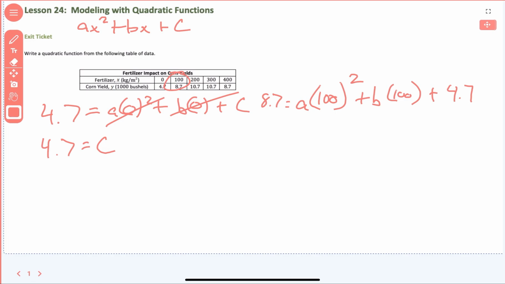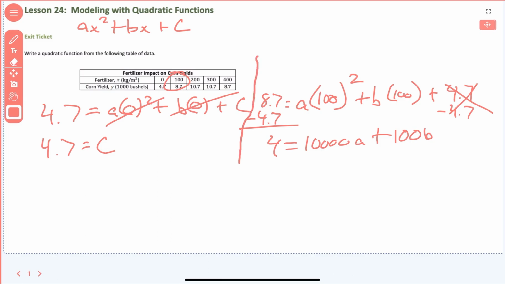Let's do this. Minus 4.7, minus 4.7, that's 4 equals what? 100 squared is 10,000, so 10,000 A plus 100 B. And that's all we can do.